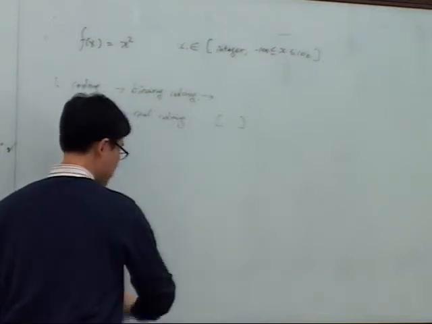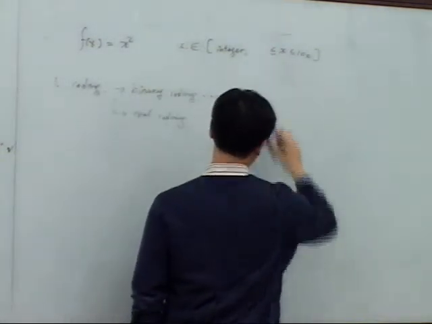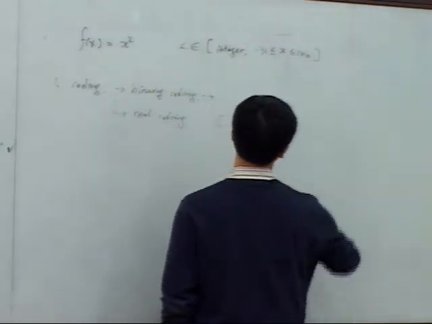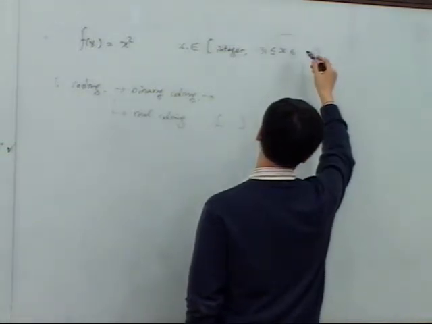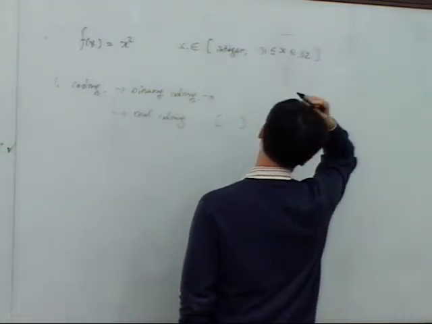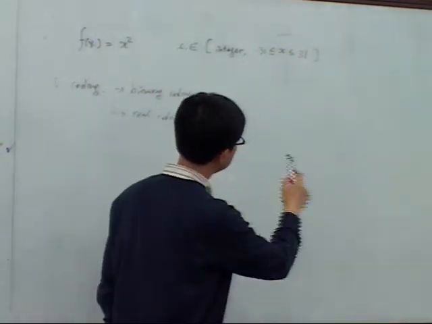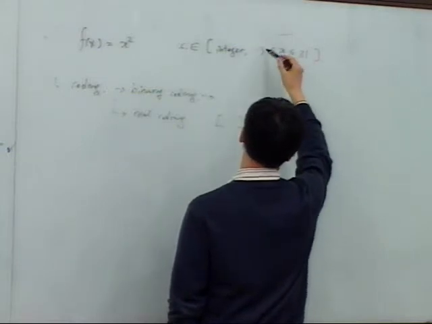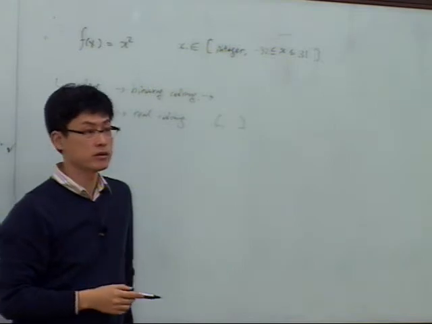If you guys don't help me, I will change the problem itself. Minus 32 to 31. Then we have to cover 64, right?